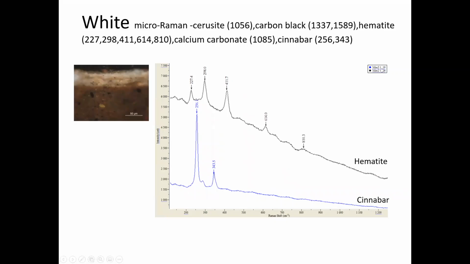In the white color, we can find that the pigment of carbon black increases in quantity in the shadow tone. So for the white color, we have cerussite as main component, carbon black, but also hematite and calcium carbonate, and also a little bit of cinnabar.